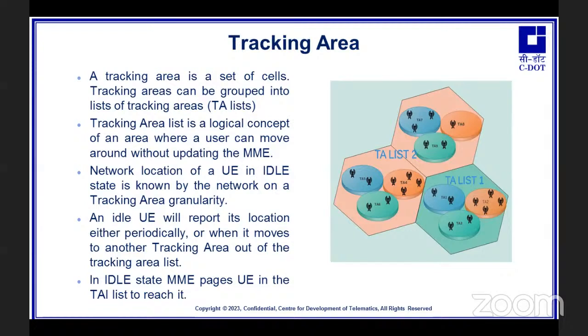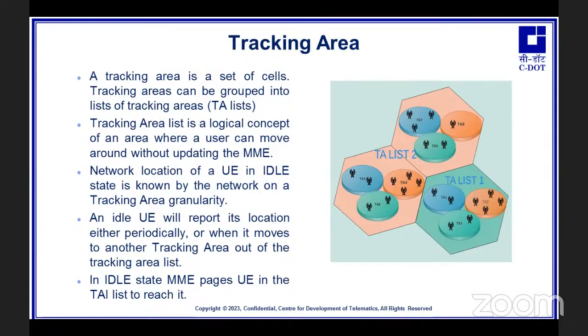Actually, there is another node B, suppose this is tag 2. Be very careful here. Any doubt? Suppose this UE is moving from tag 1 to tag 2. As soon as it moves from tag 1 to tag 2, it has to update the MME that I have changed my tracking area code.